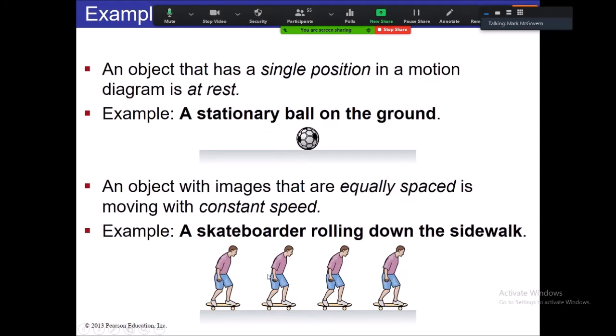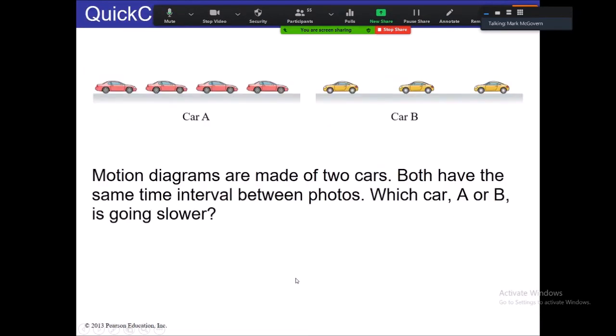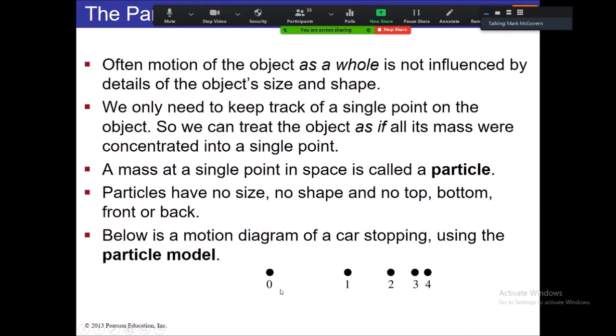The skateboarder. I'm guessing they're not going backwards. They're probably going forward. But with the particle, I can't tell that. So you notice here that we have these points labeled 0, 1, 2, 3, 4. They're meant to be chronologically numbered like that. And I strongly recommend that you do something like this when you create a motion diagram.